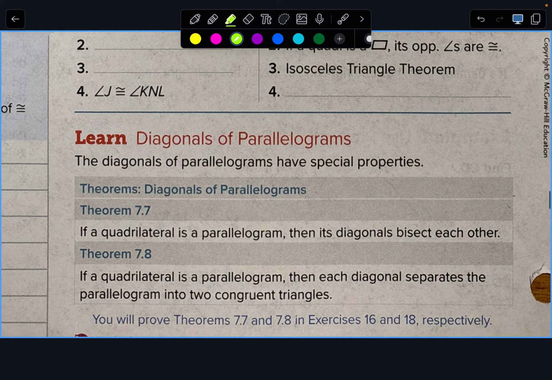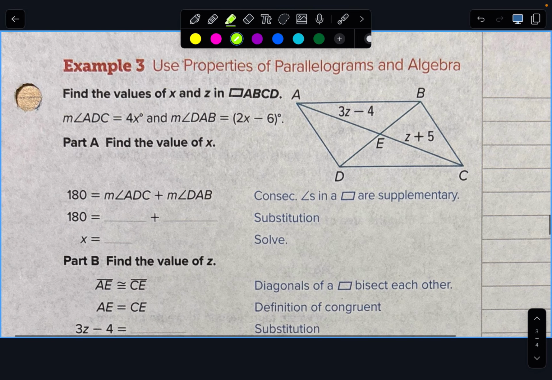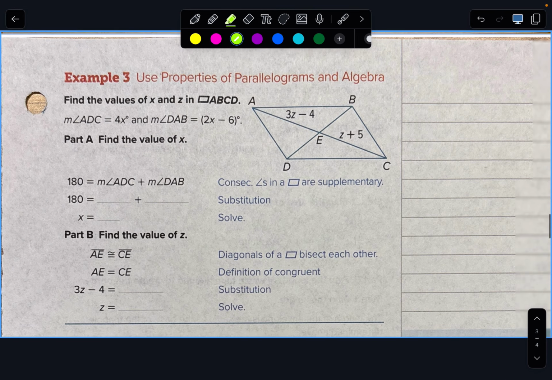On the bottom of page 414, if we have a parallelogram, then the diagonals will bisect each other. Okay. So, go to the top of the next page. All right.